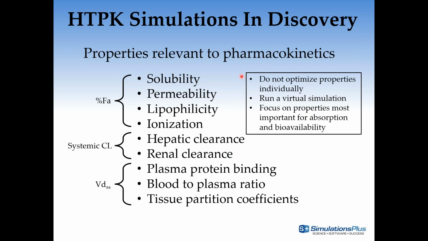So we are proposing an alternative mechanism, where instead of optimizing individual properties, you can run a virtual simulation and then focus just on those properties that are predicted to be most important for absorption and bioavailability. So I think maybe for DMPK groups, this is not a big paradigm shift, but for early discovery groups, this is a little different than maybe they've traditionally thought about discovery and optimization.